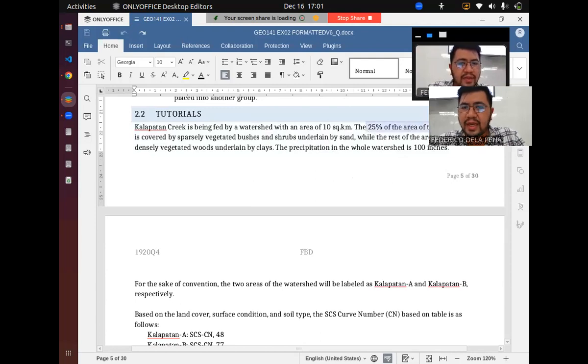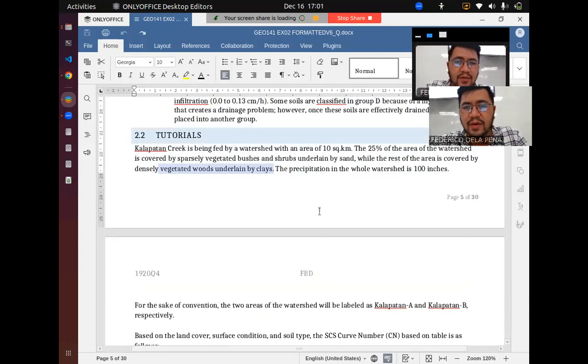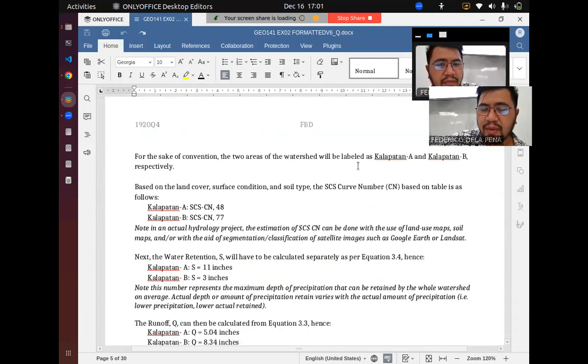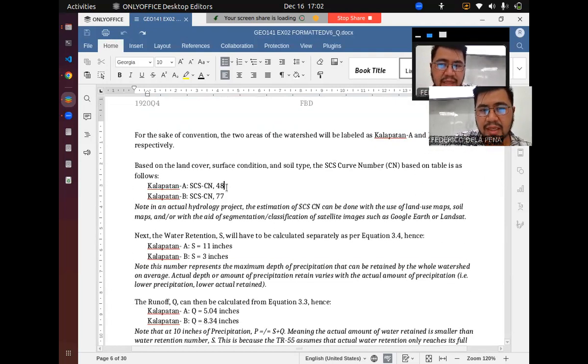One quarter of the area is covered by bushes and sand soils, while three quarters, or 75%, is covered by woods and underlain by clay soils. So you have two types of cover, and we will call them Catchment A and Catchment B respectively.